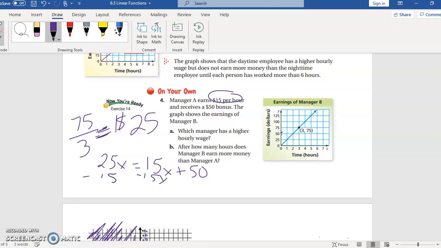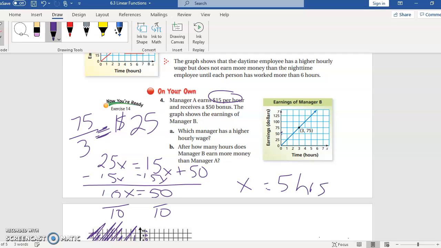So then I get 10x is equal to 50. Then I'm going to divide both sides by 10, and I get x equals 5 hours. So at 5 hours is when they would work the same amount of hours and earn the same amount of money. All right, there you go. That is 6.3.